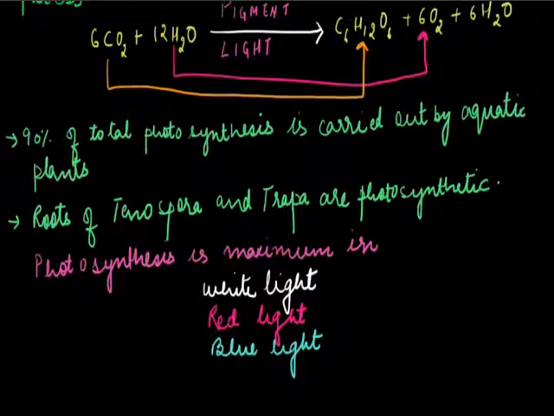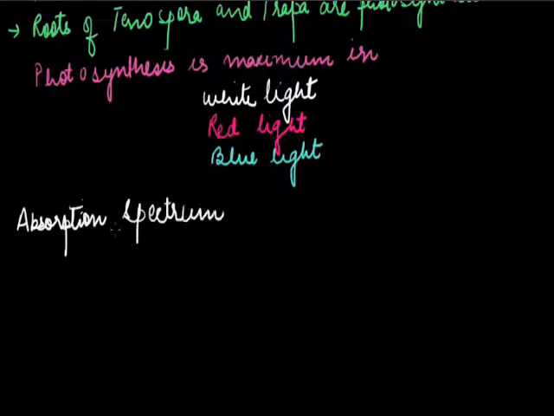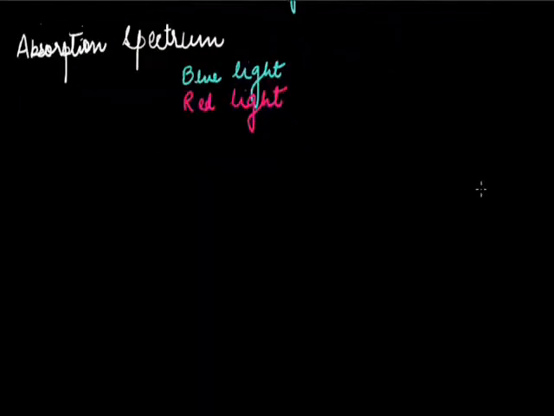This is about photosynthesis. But if we talk about the absorption spectrum, then maximum absorption is in blue light, followed by red light. Now this photosynthesis is broadly divided into two parts.